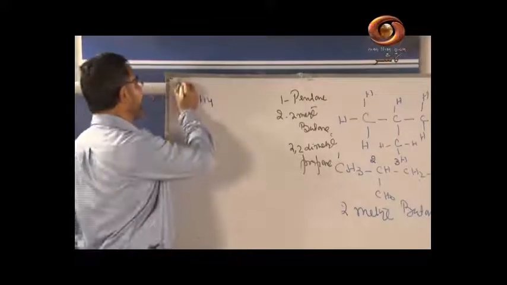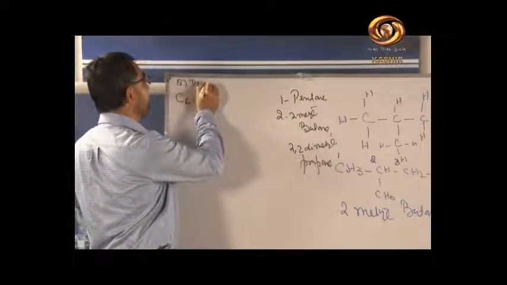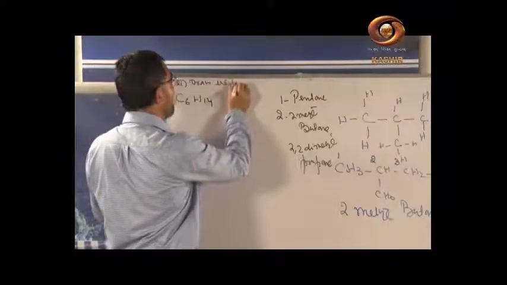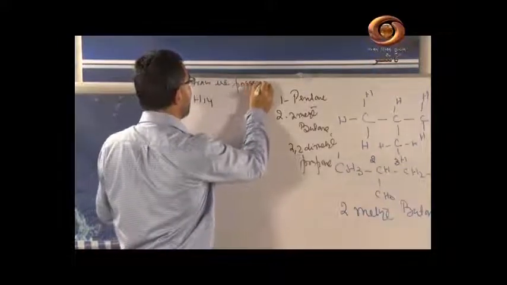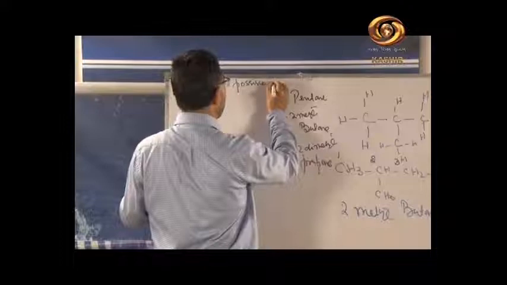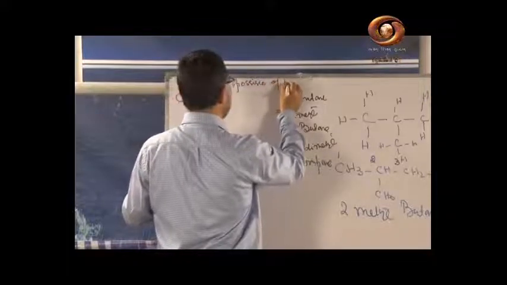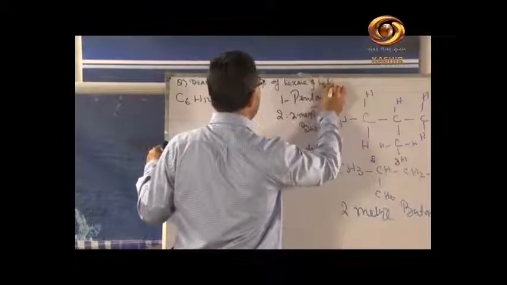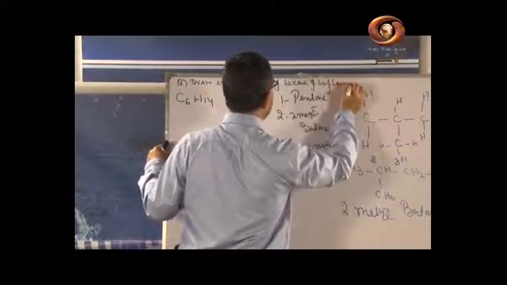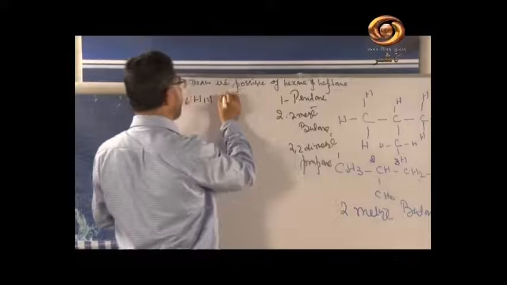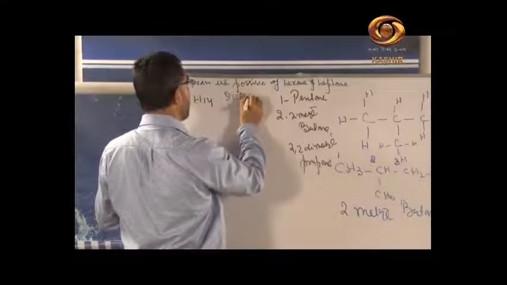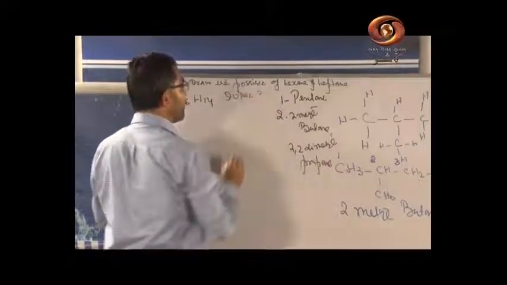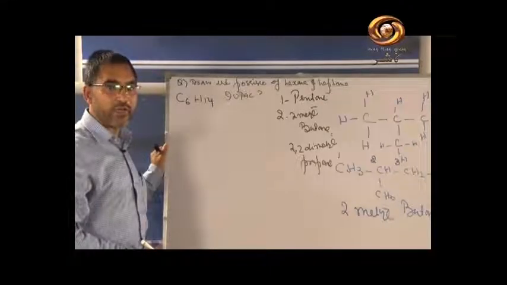I will write the question for you. Draw the possible structural isomers of hexane and heptane and write down the IUPAC names of the compounds thereof. IUPAC name जो भी compounds वहां पर बनेंगे इनका IUPAC name आपको लिखना है.